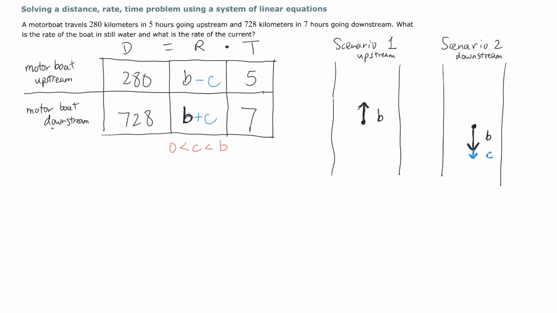So we're going to need both anyway. Let's get them. Equation 1, 280 is equal to 5b minus 5 times c. And equation 2, 728 is equal to 7 times b plus 7 times c.